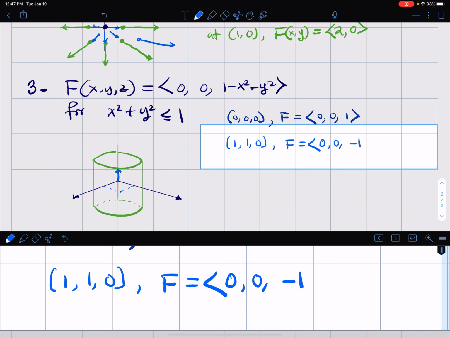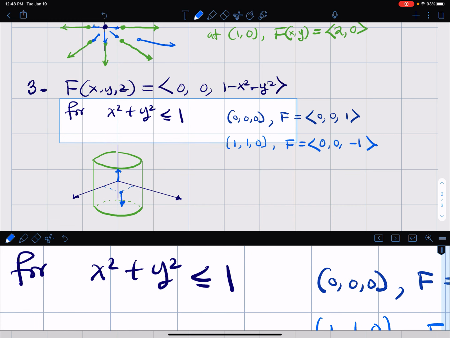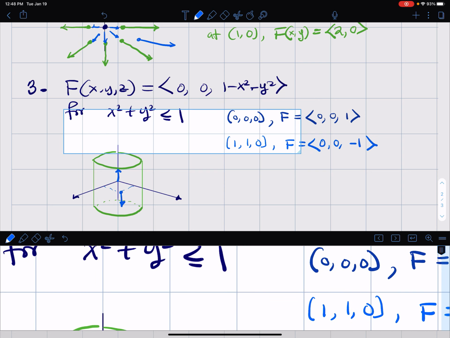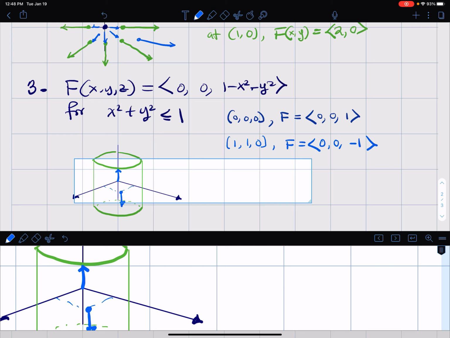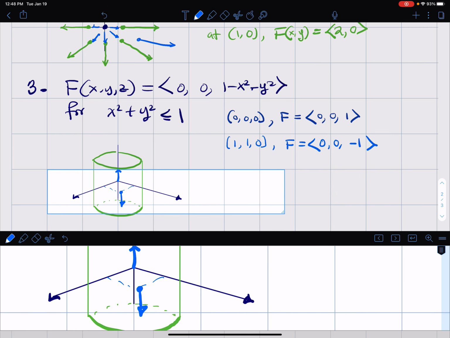So we get minus 1. But that's where it stops for this vector field, because we're restricted by x squared plus y squared being less than or equal to 1.